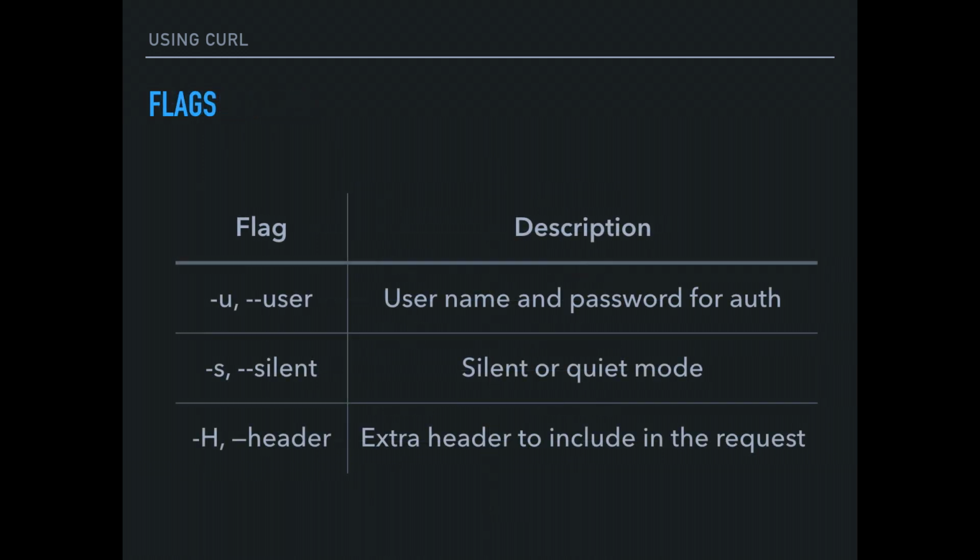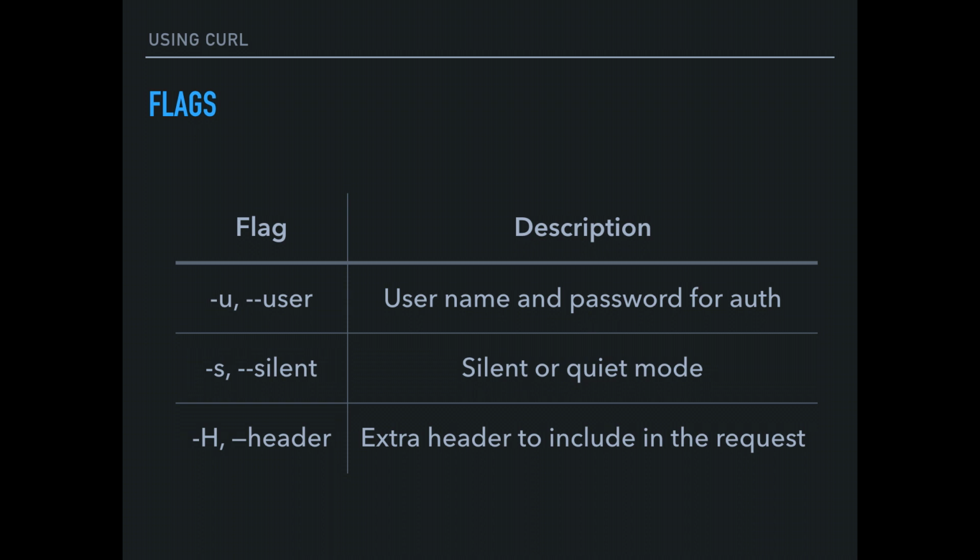There's also a few flags that we're going to be using with curl as well. For this part one, we're going to be using the three that you see here: the -u or --user, which allows you to pass the username and password for authentication. There's the -s or --silent. This basically suppresses all of the output from curl except for the piece of data that you're looking for.